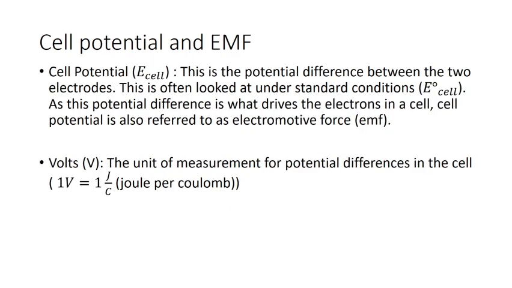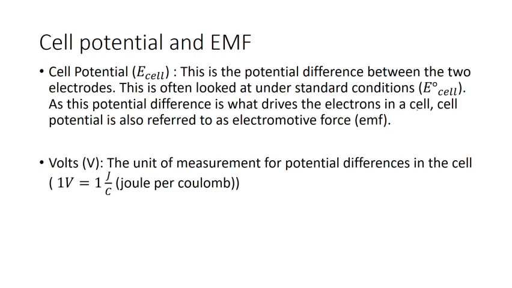So when we talk about galvanic cells, we need to talk about cell potential. Because when we're talking about voltaic cells, there is electricity or energy moving, and so we call that some cell potential. This is designating a number to the work that we can get out of it. So cell potential, or E cell, is the potential difference between the two electrodes. It's often looked at under standard conditions.